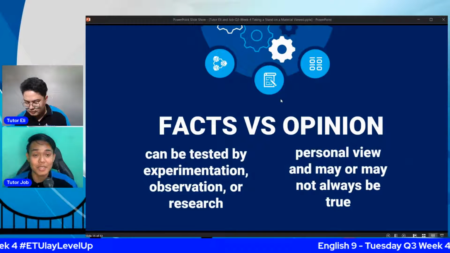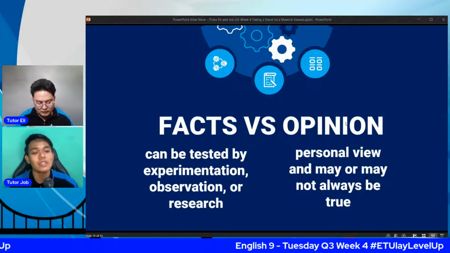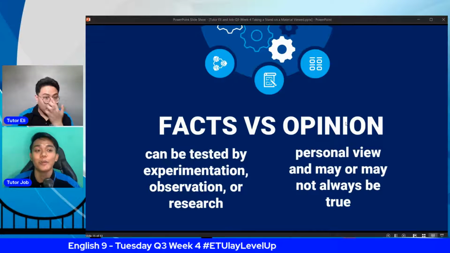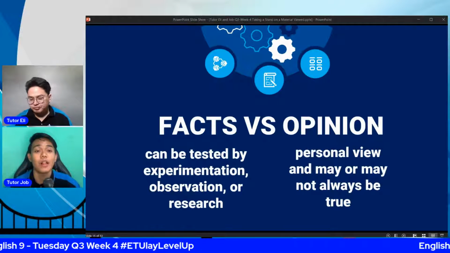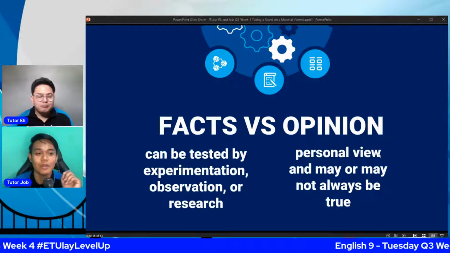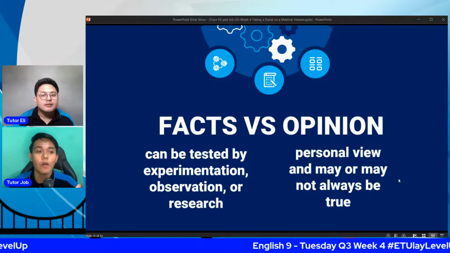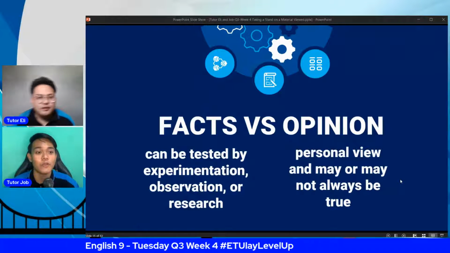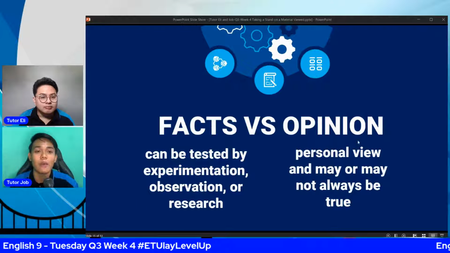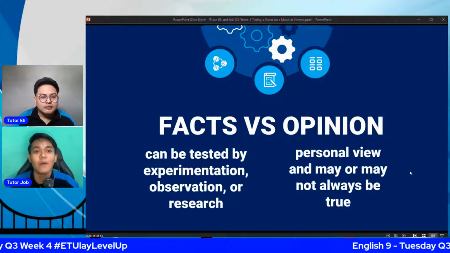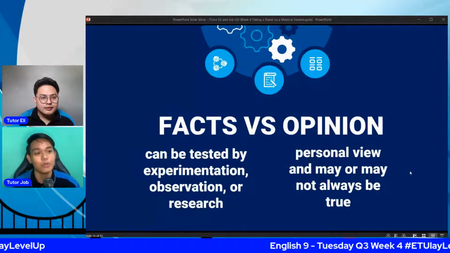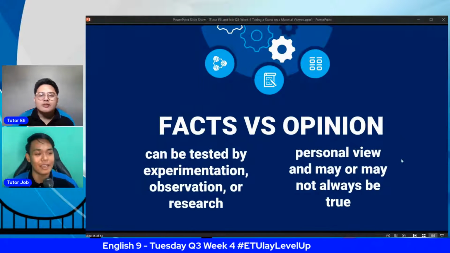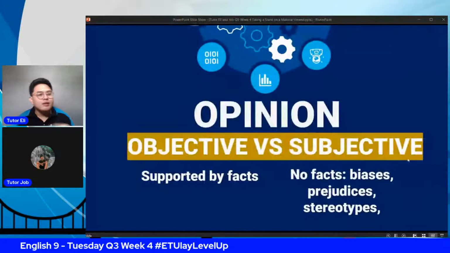Facts can be tested through experimentation, observation, or even research. On the other hand, an opinion is a personal view. And take note, an opinion may or may not be always true. Facts are always true. However, an opinion may or may not be true, and it's always debatable.